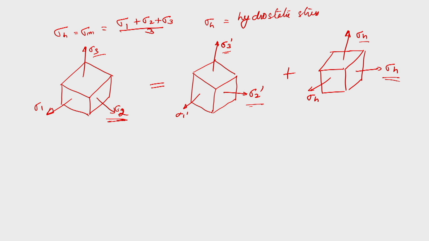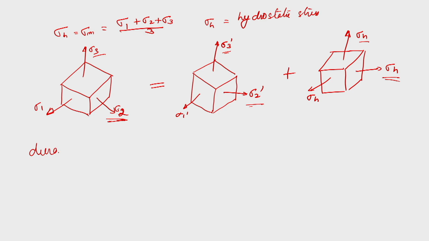The deviatoric stress is also called the reduced stress. Why reduced stress? Because from all the three principal stresses you are removing the hydrostatic stress, which is an equal value.